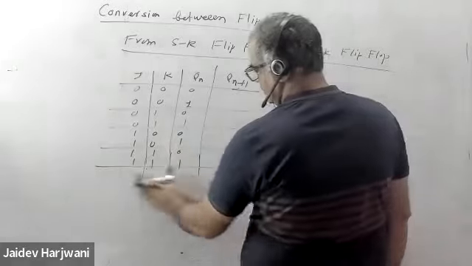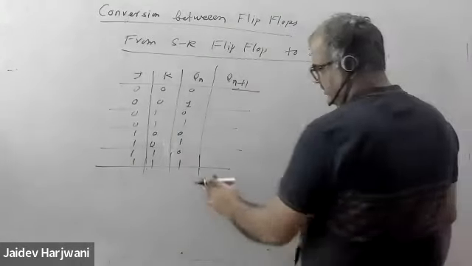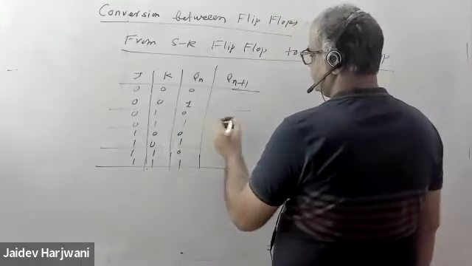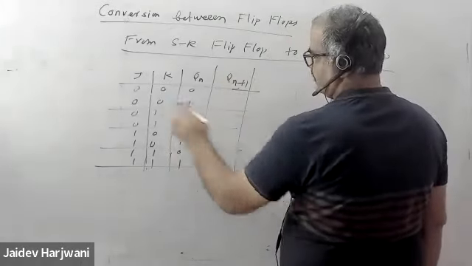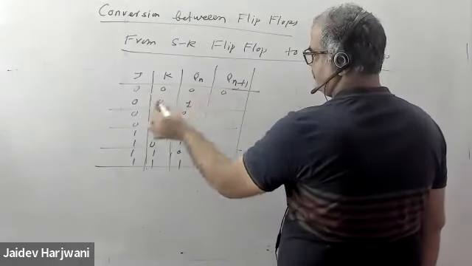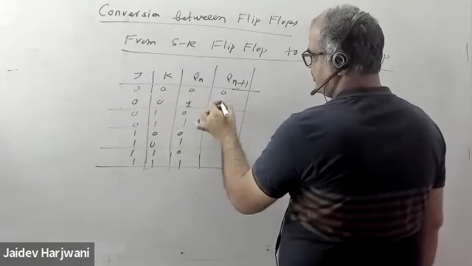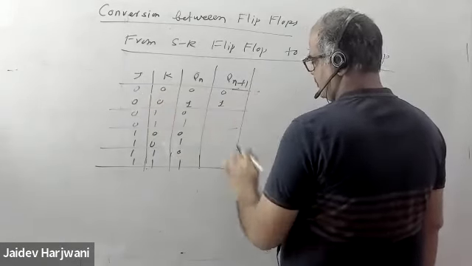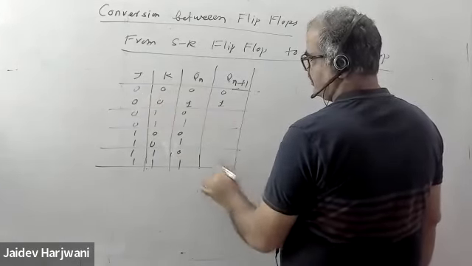So these are your inputs. 0 0 is a no change condition. Then 0 1, 0 0, 1 1, 1 0.